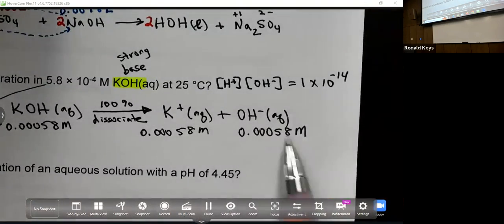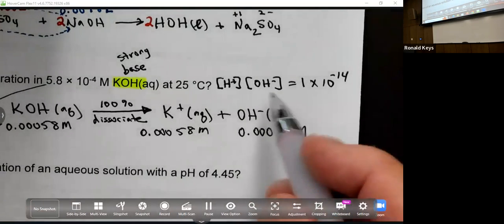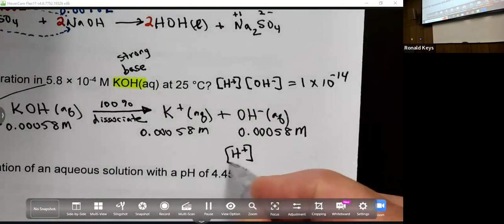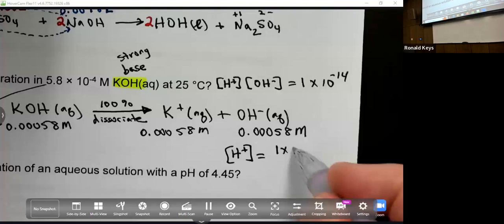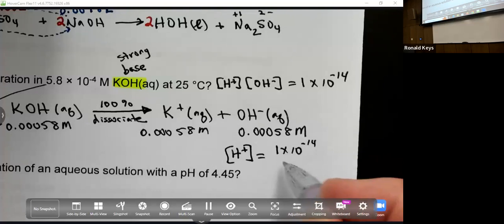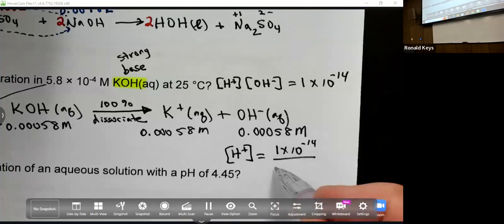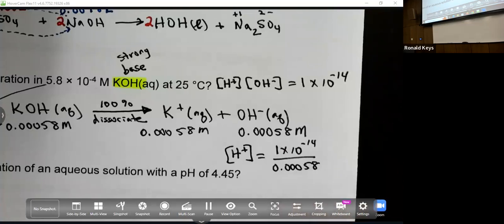This is the OH minus. So we know then that the H plus would be 1 times 10 to the minus 14 divided by the OH minus, 0.00058.